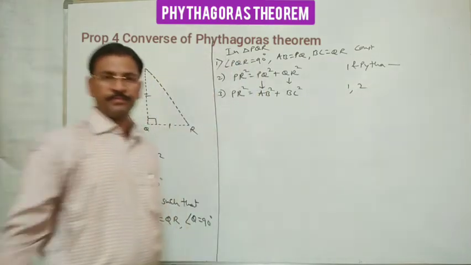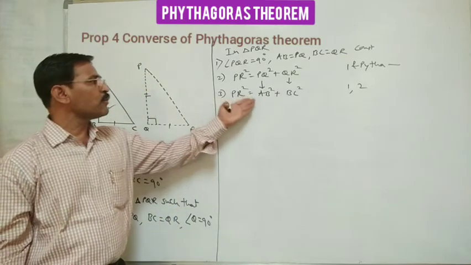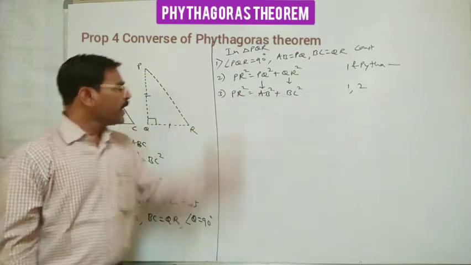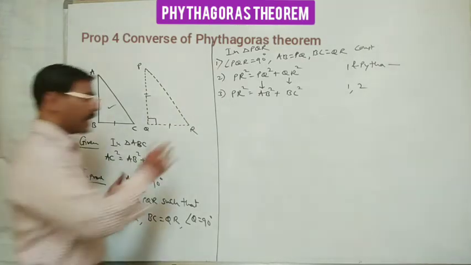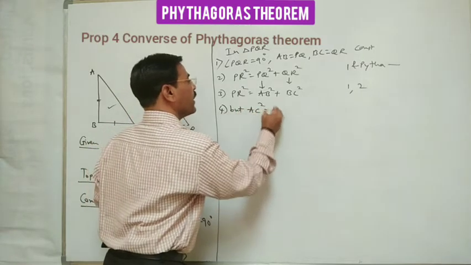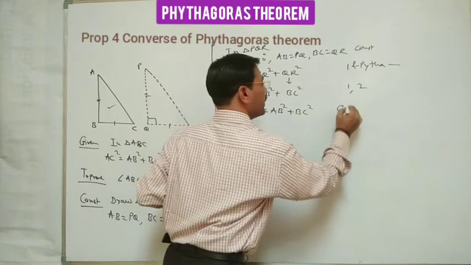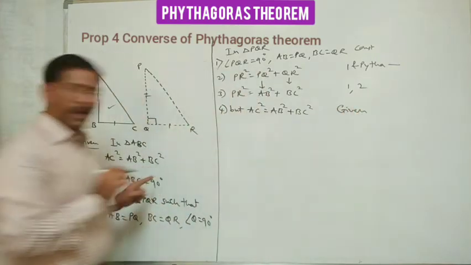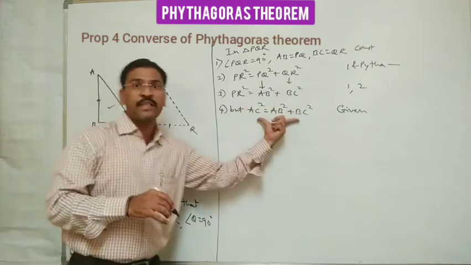Now observe the third step: PR square is equal to AB square plus BC square. It is very similar to the given part, which is AC square equal to AB square plus BC square. It is given. It is like this one, but they are given to us like this one.